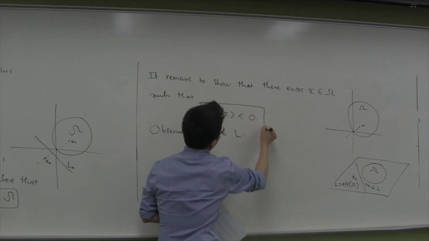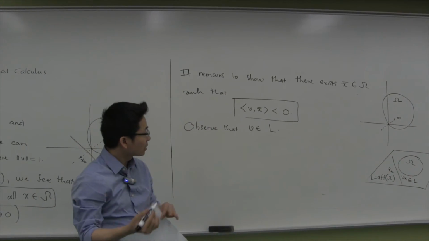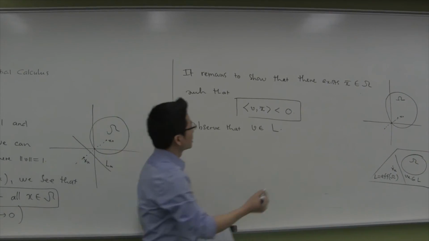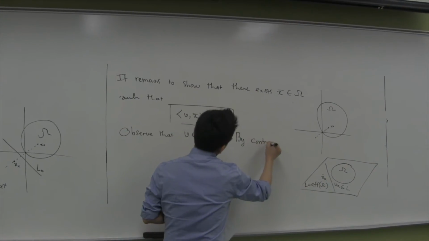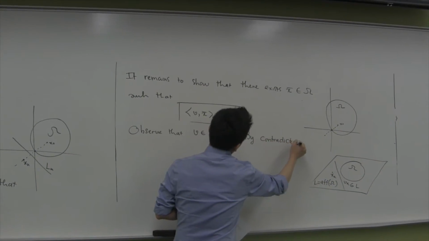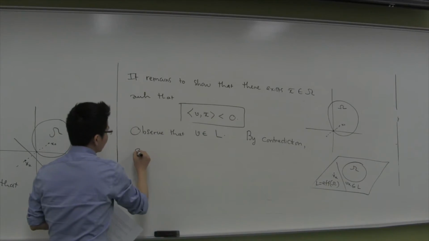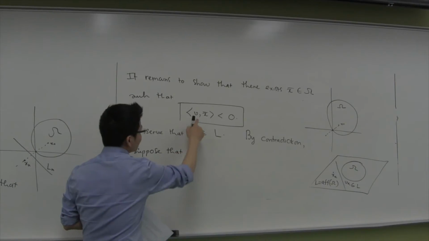Our goal now is to show that this is true for some x bar in Omega, and we are going to go through the proof by contradiction. So by contradiction, suppose that this is not true.